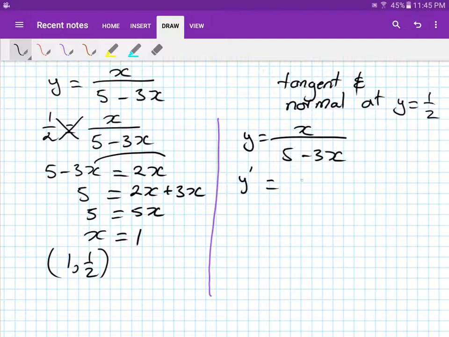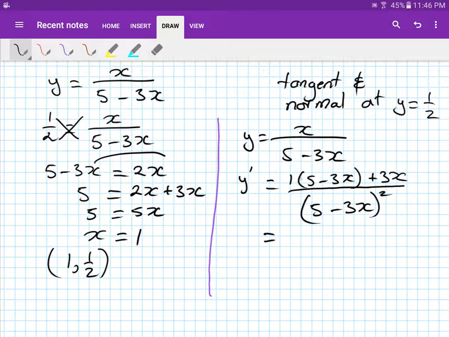Differentiate x, that gives me 1, so 1 times the bottom, we just write it out, minus differentiate the bottom, which gives me minus 3, so minus 3 times minus gives me a positive 3, and then don't forget to times the top, which is x, over the bottom squared, which is 5 minus 3x all squared.